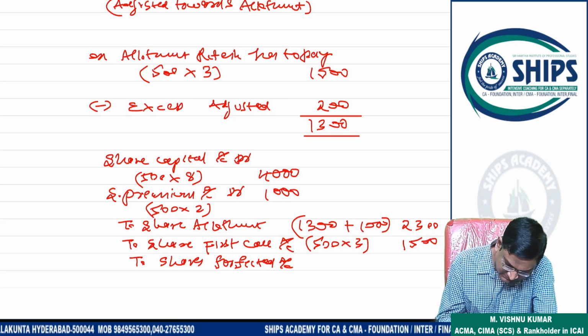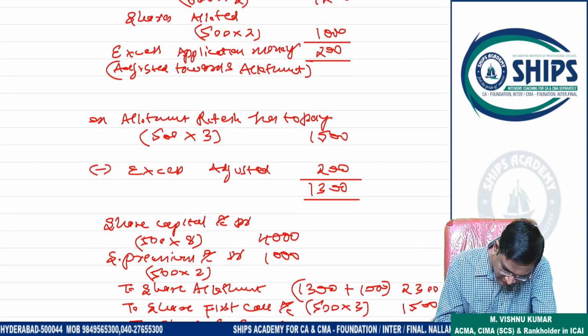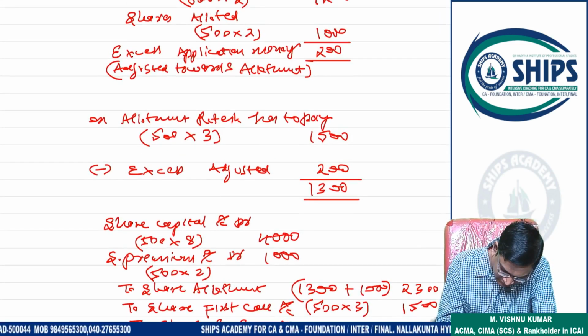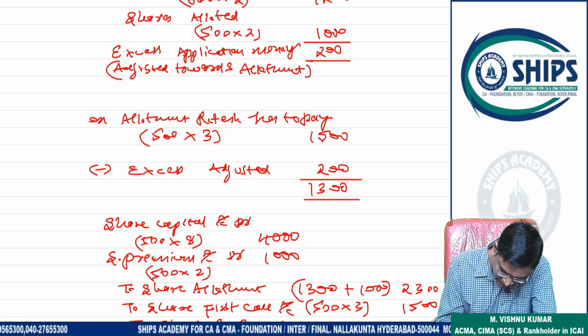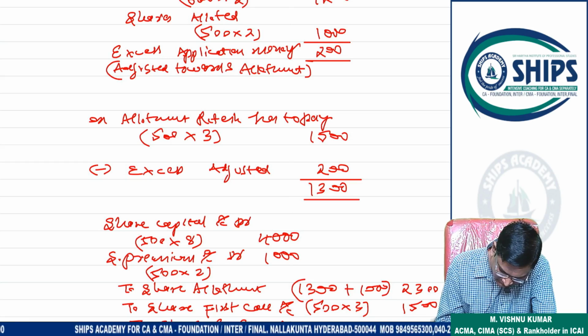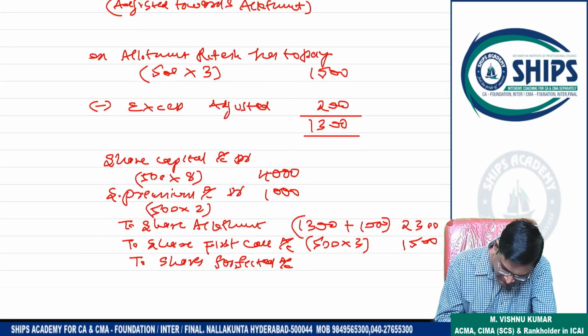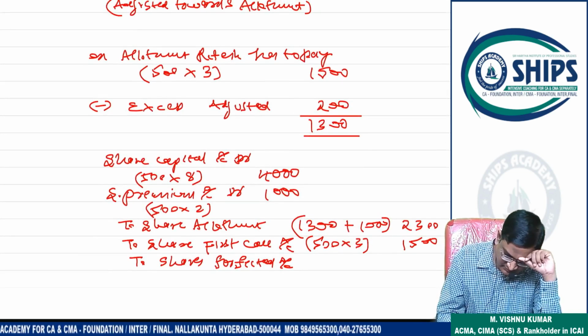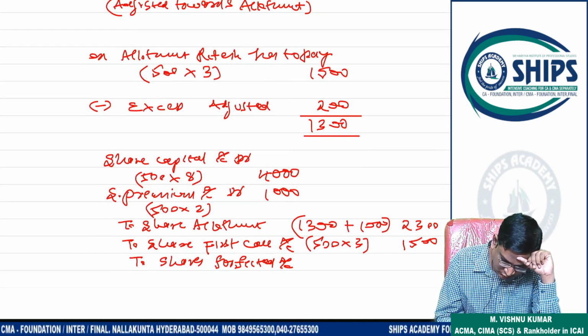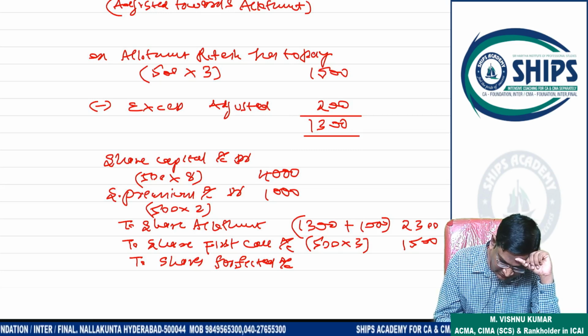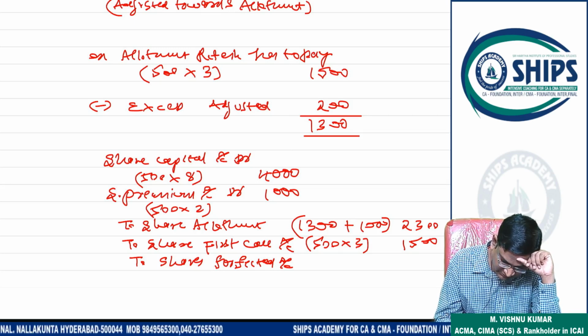See, check once again. On allotment, Ritesh has to pay how much? 500 into 3, 1500. Excess money adjusted is 200. So 1300 not paid. Right, sir. Premium also not paid, no? Yes, sir. Premium also not paid. So securities premium 500 shares into 2, this 1000 is also not paid. So out of 5000, share allotment 1300 not paid, securities premium 1000 also not paid, 2300.